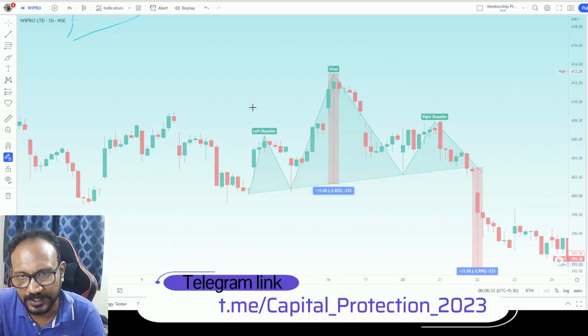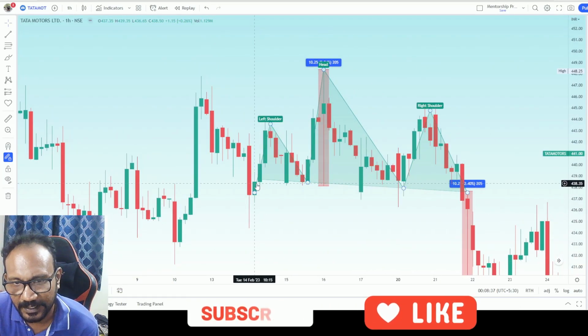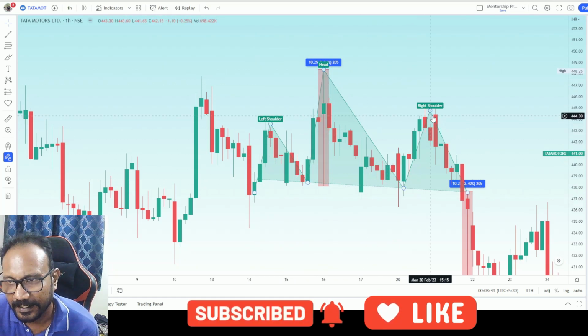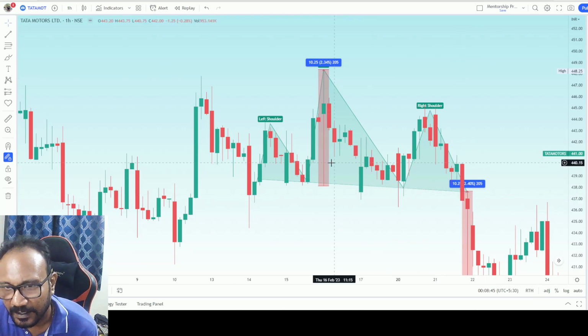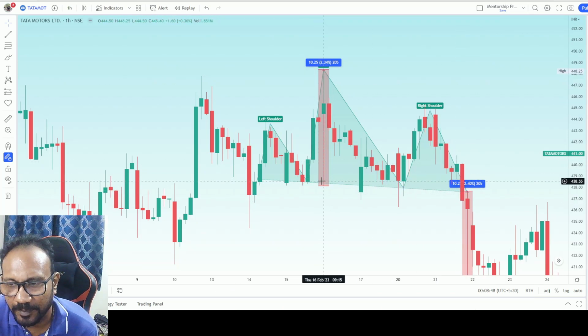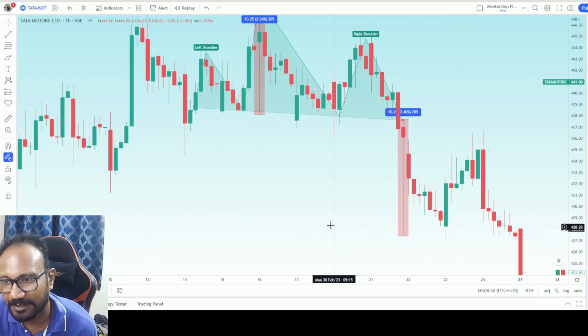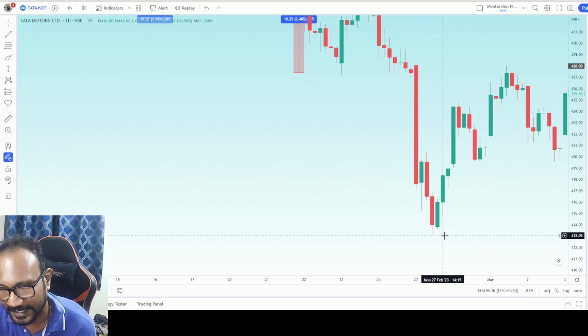Here again, you see there is a nice head and shoulder pattern, right? And the breakout has happened here. The length of it is about 10 points. And did it reach? Yes, it reached here. In fact, it went on to break that and go double its target's length.